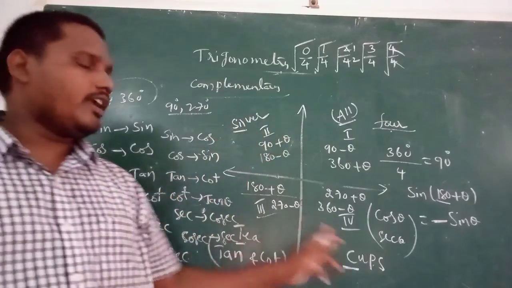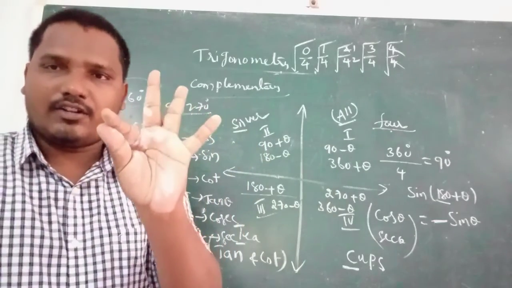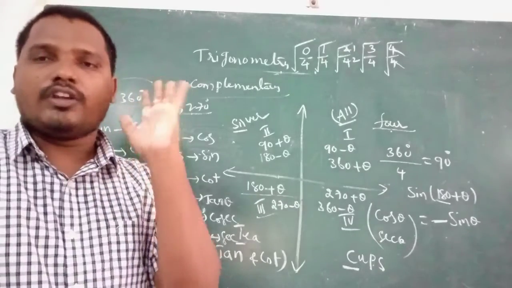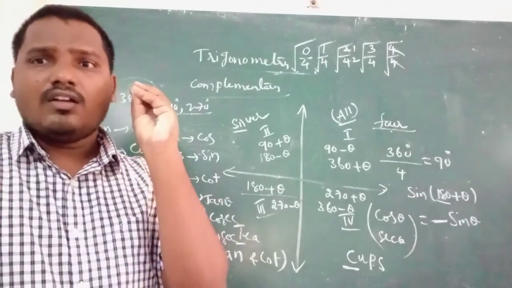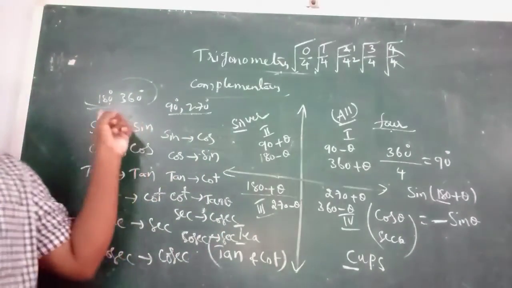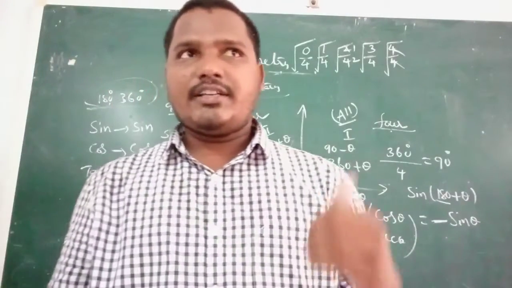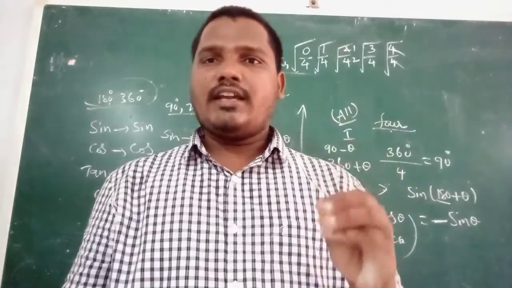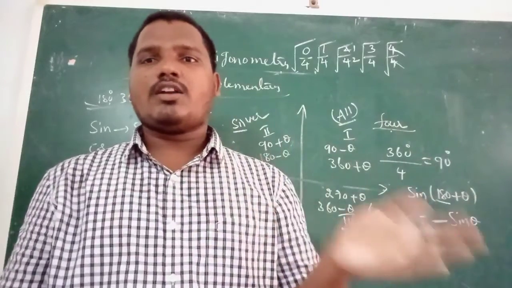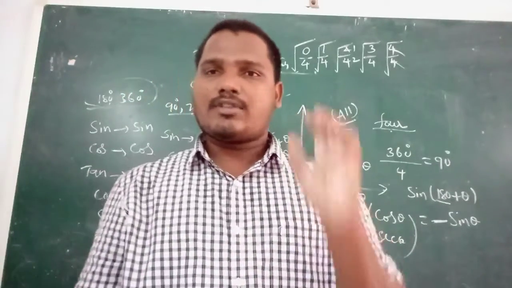Okay, all silver tea cups. In the first quadrant all are positive, in the second quadrant sin and cosecant only are positive, in the third quadrant tan and cot are positive, in the fourth quadrant cos and secant are only positive. Here, if you are taking 180 or 360, plus or minus, then sin becomes sin, cos becomes cos, tan becomes tan, cot becomes cot, cosecant becomes cosecant, secant becomes secant.